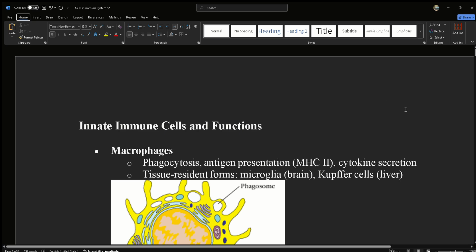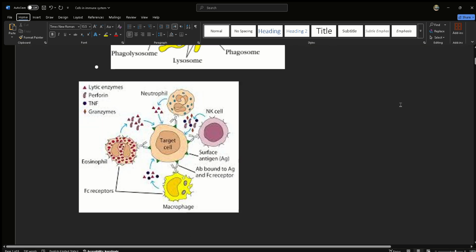Hello students. So we were discussing last time cells of the immune system. In it we discussed the innate immune cells. That is cytokine secretion.